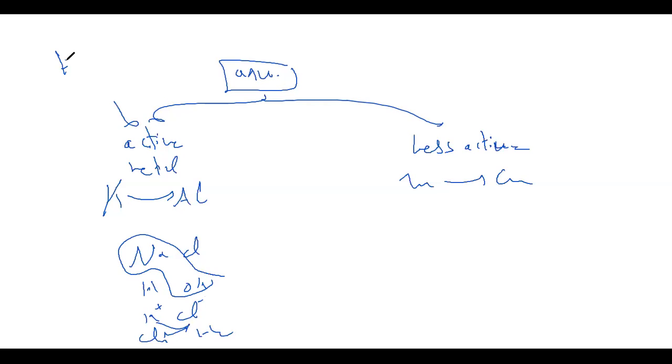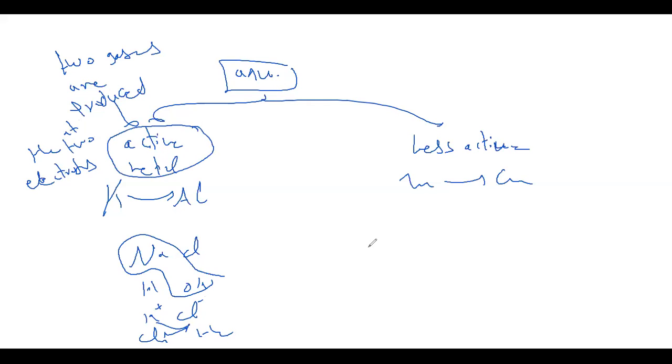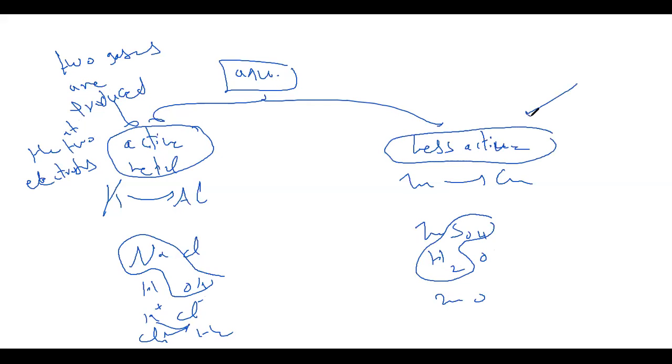So two gases are produced at the two electrodes. While in case of less active metal like ZnSO4, H2O, it will be Zn and O. Only one gas is produced.